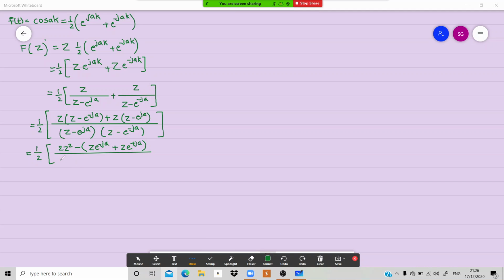So you are going to have z square minus z e raised to ja minus z e raised to minus ja, plus, when these two terms get multiplied, they cancel each other, giving 1. So we can write now half inside the bracket 2z square. Correct? Now just observe this, we had written the formula over here.